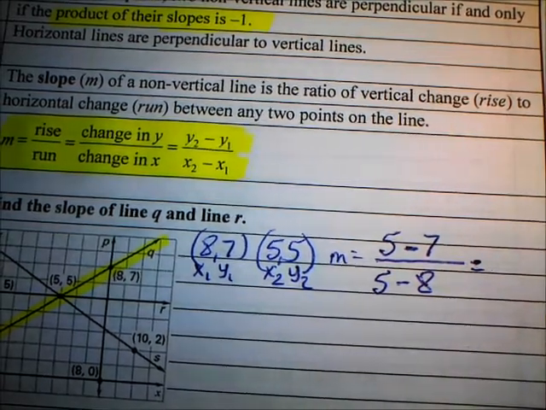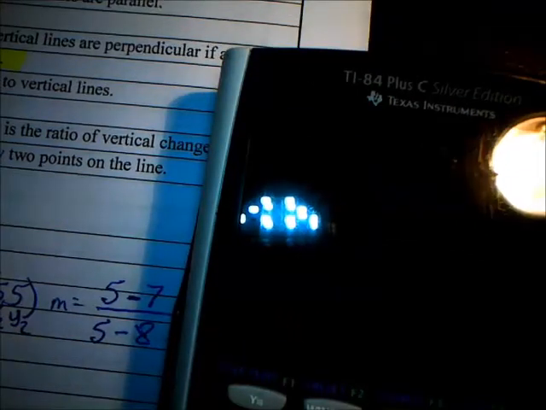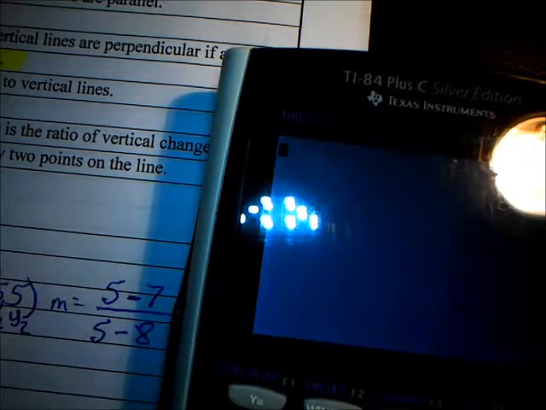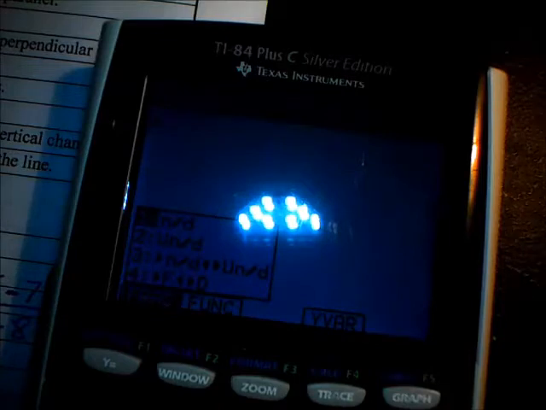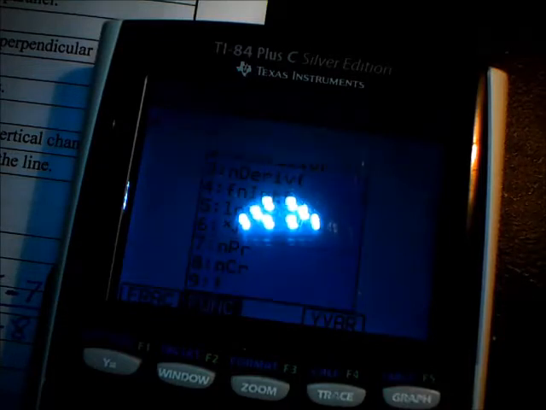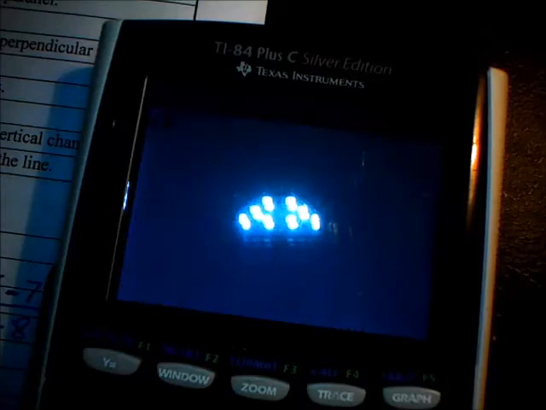I'm going to grab my calculator here and clear what is there. I'm going to make this a fraction: 5 minus 7 over 5 minus 8. Oh, you cannot see that.